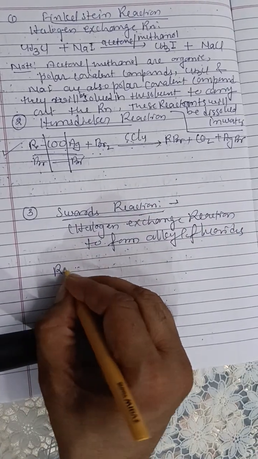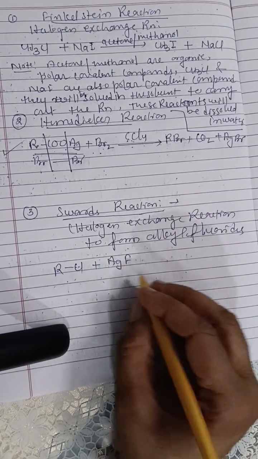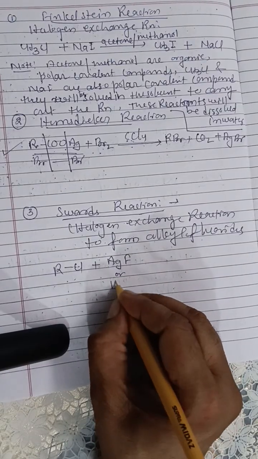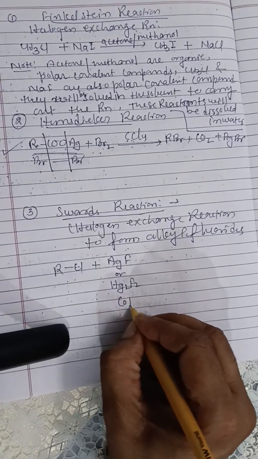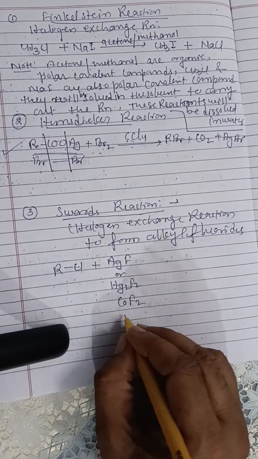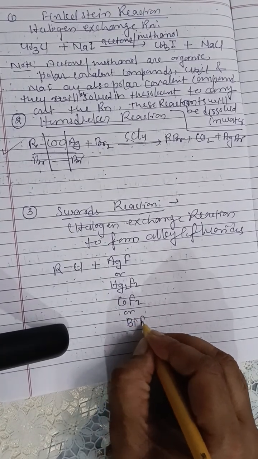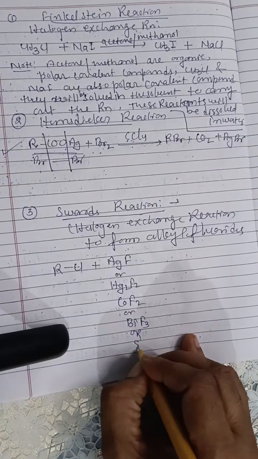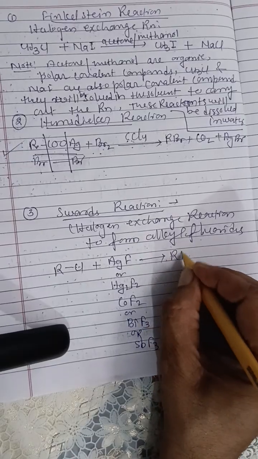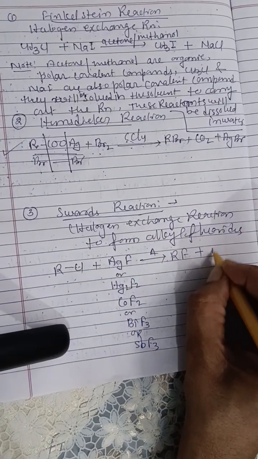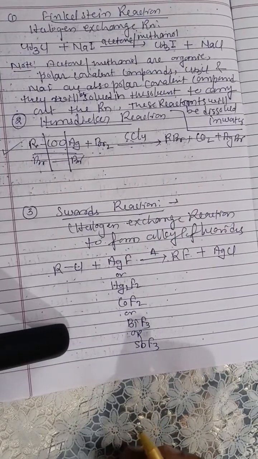So we are taking here RCl plus AgF or Hg2F2 or CoF2 or BiF3 or SbF3 to form RF, plus AgCl as the byproduct.